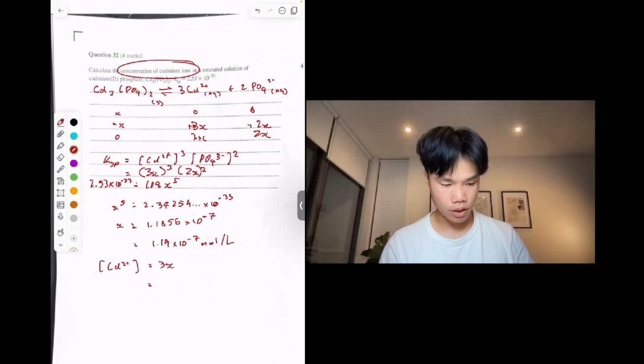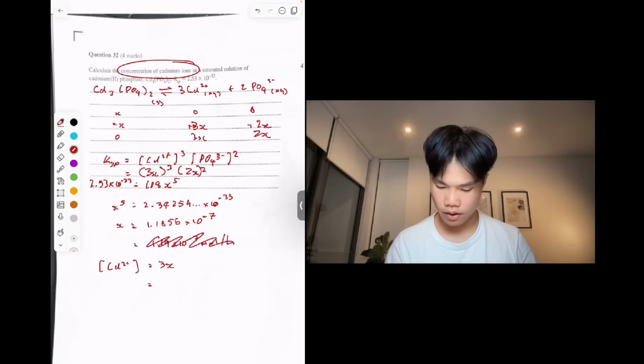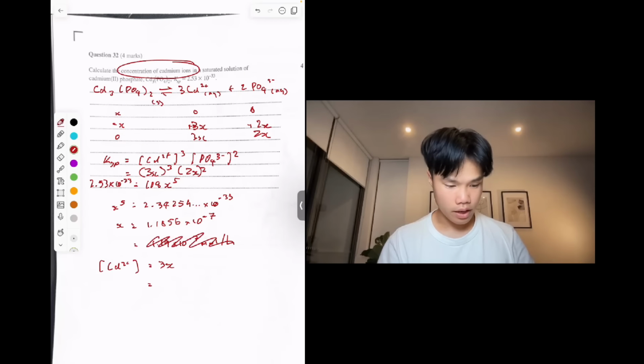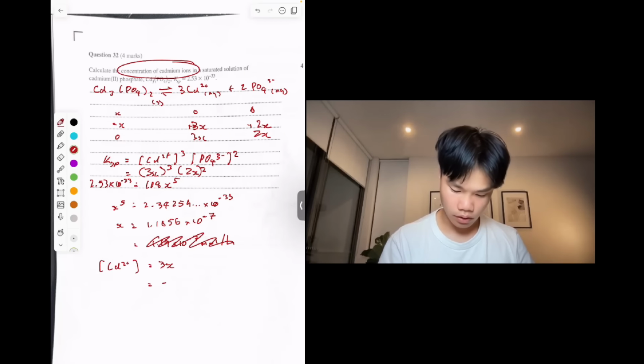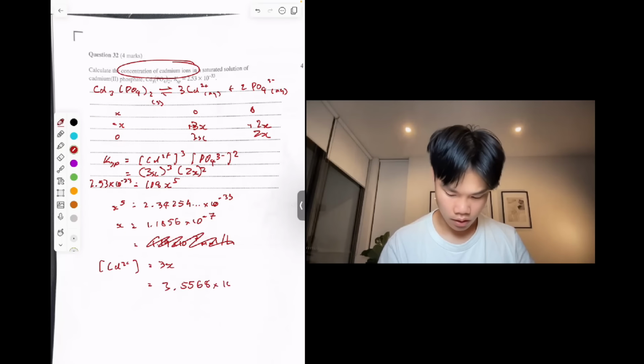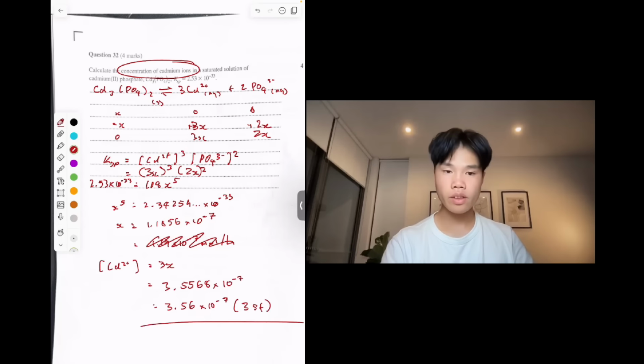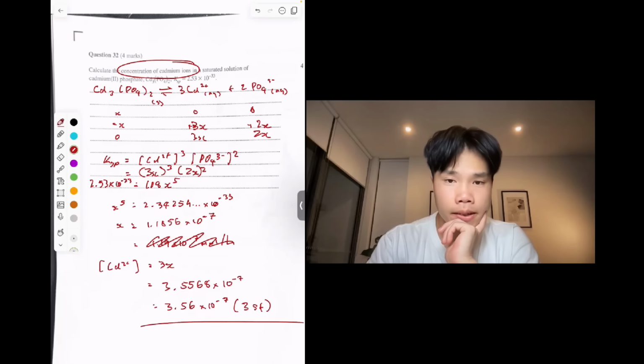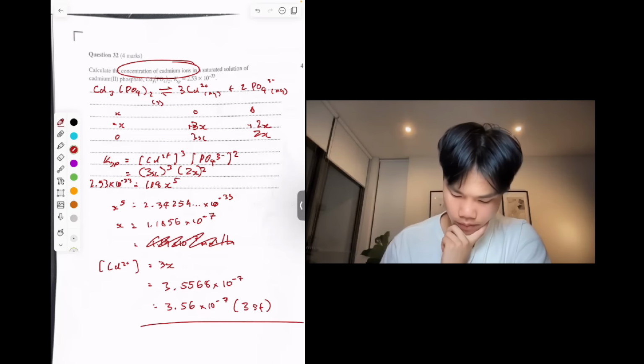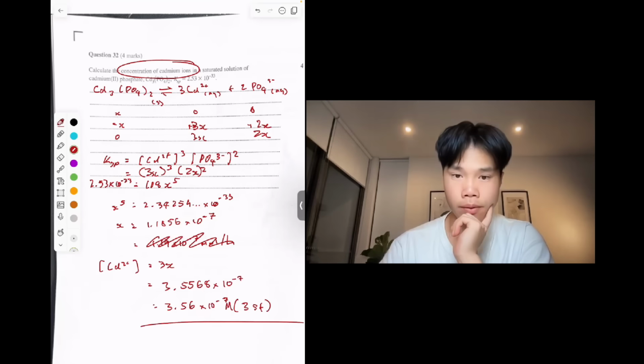So we would multiply this by 3. I would keep the exact number, sorry, so maybe not simplifying here. And this gives instead 3.5568 times 10 to the negative 7, simplifying to 3.56 times 10 to the negative 7 to 3 significant figures. And I think this is the answer. Okay. Making sure of units, mole per liter.